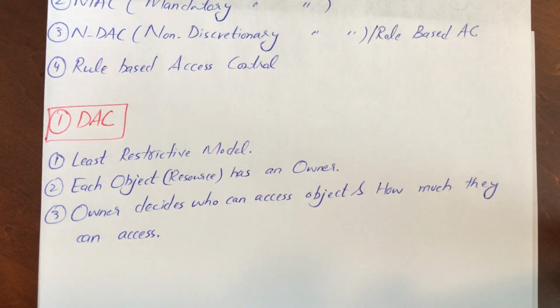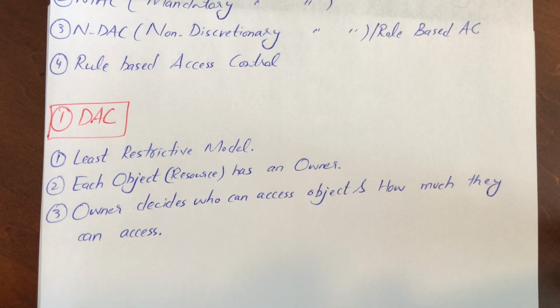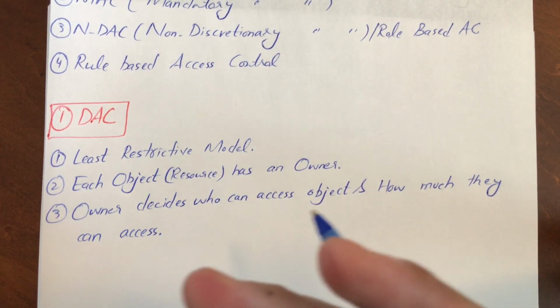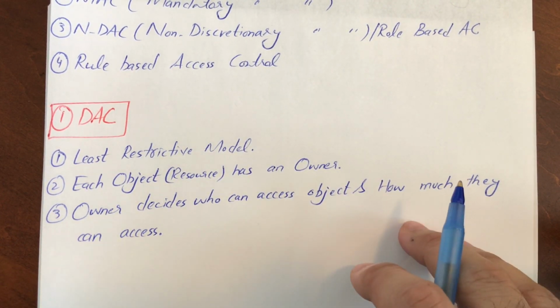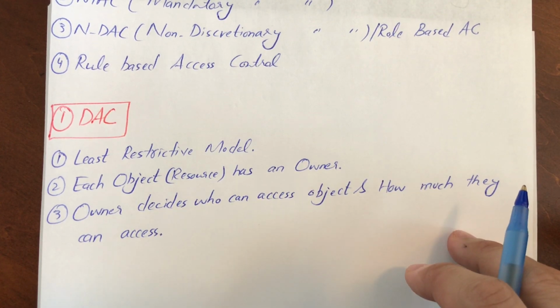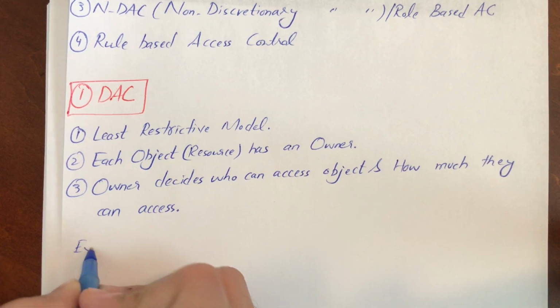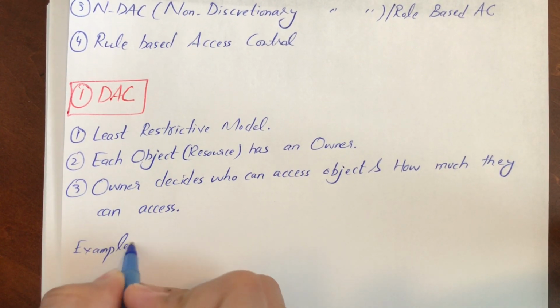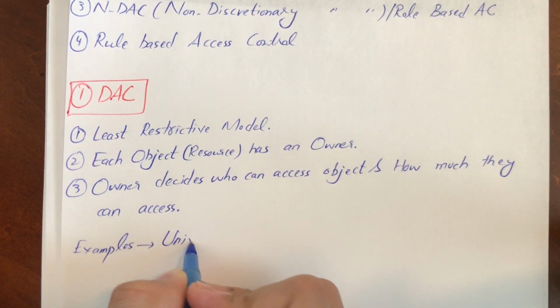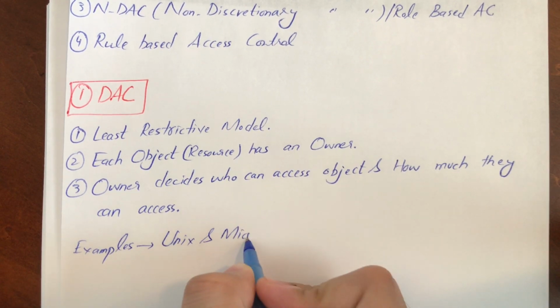It's the prerogative, the discretion of the owner, who can access my device. For example, you own a computer, so it's your call who can access your computer, how much they can access and all that stuff. We use this particular model in Unix and Microsoft Windows.